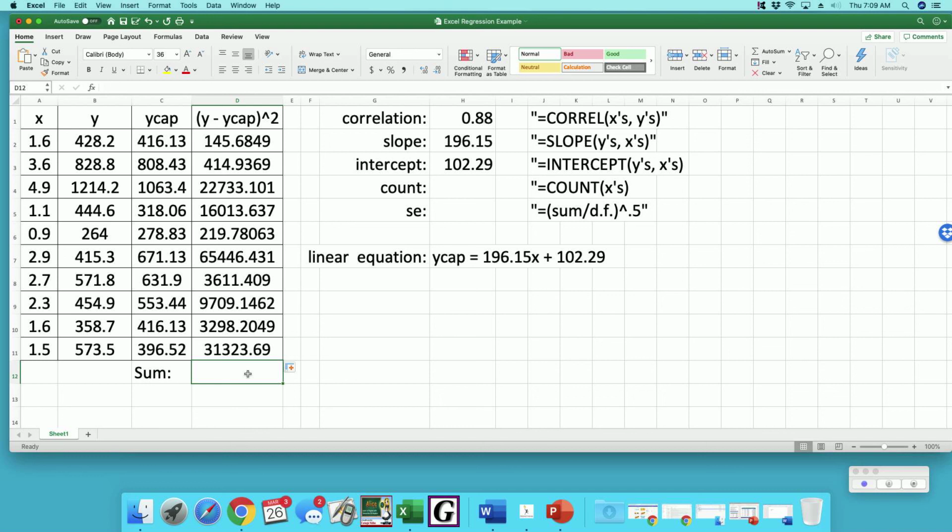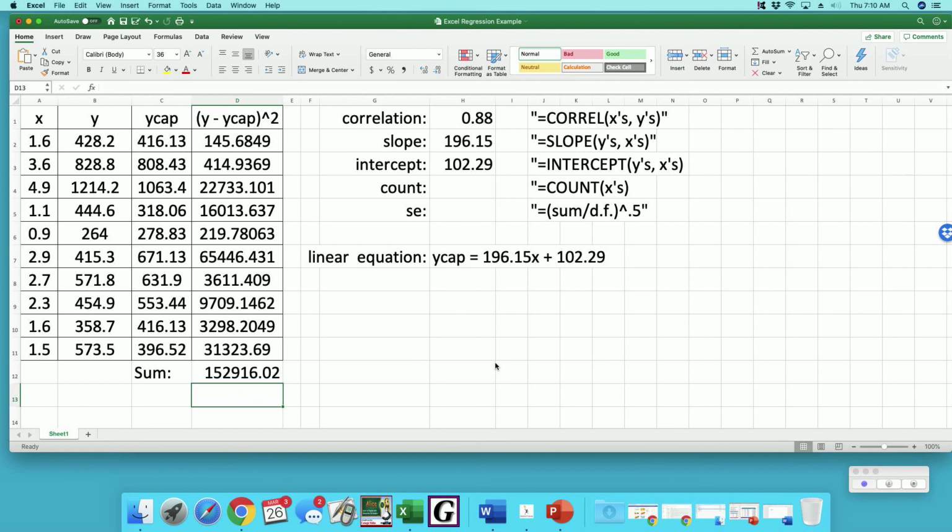Whichever Excel you're using, you look for this sigma sign. Sigma is a Greek symbol for sum. I'm going to click on there, or you could do equals sum and then highlight all the things. So now I'm going to push return. It added up everything from D2 all the way down to D11. So there is my sum.